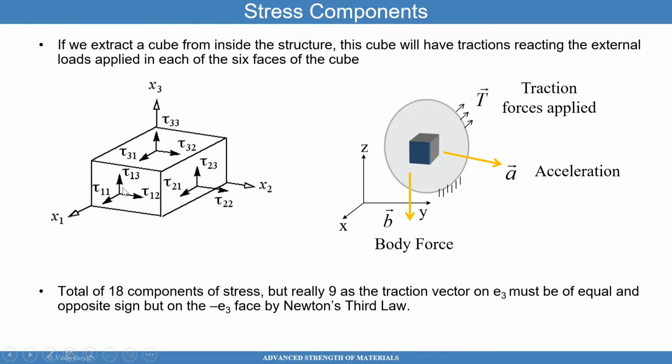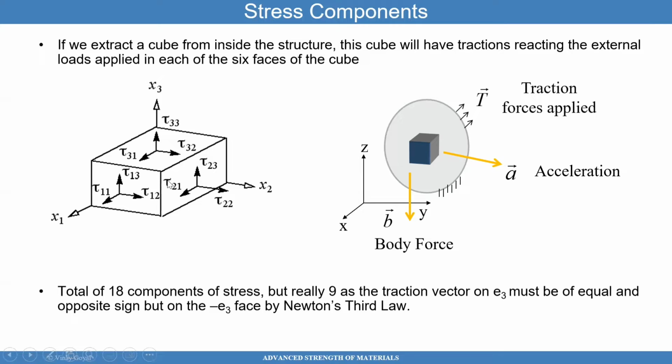So here I have tau 1 pointed in the one direction because it's on the one face, and it's acting in the one direction. This is tau 1,2 because it's on the one face, but acting in the two direction. So you can see this convention looks different from what I explained before, but I switched it so you can see that there are other notations available in the literature, and I want you to be familiar with that.